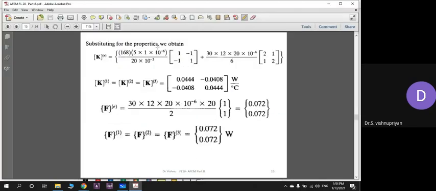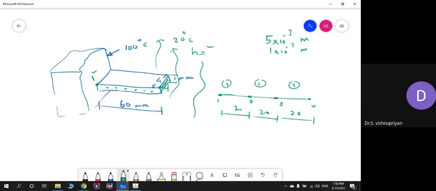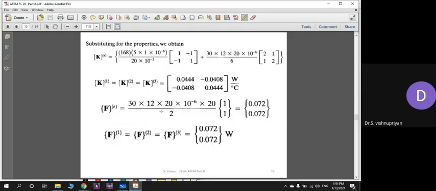That is over L. L is the element length, which is 20 millimeters, again converted into meters, with the matrix 1, minus 1, minus 1, 1. This is for the conduction.